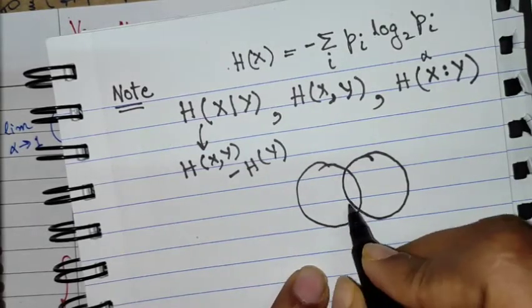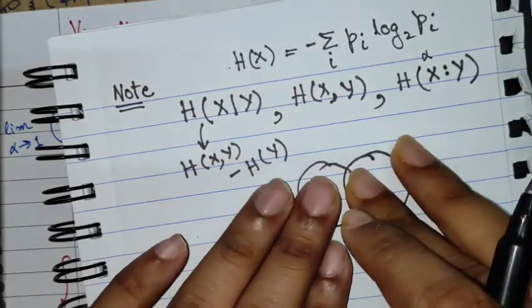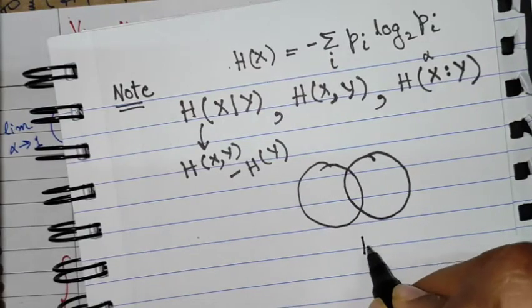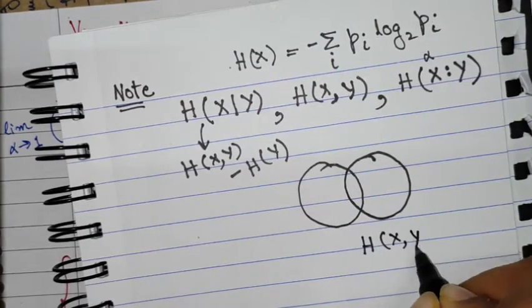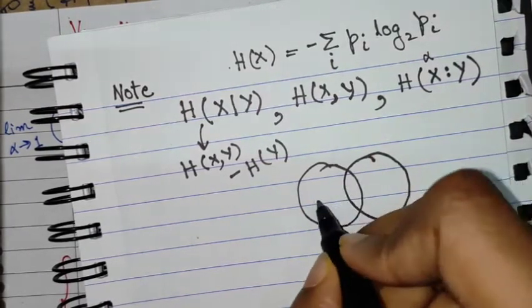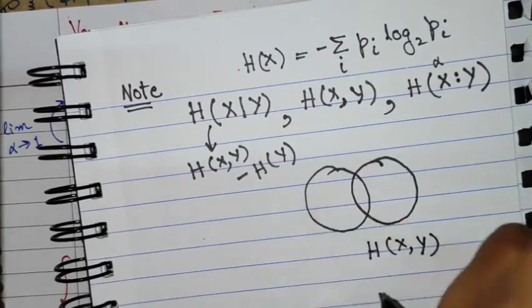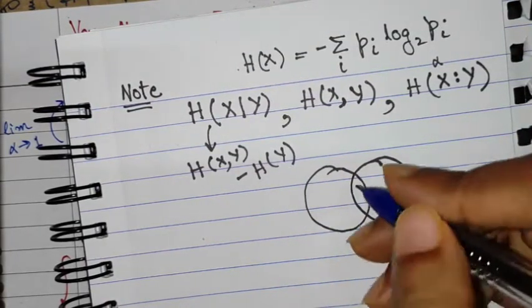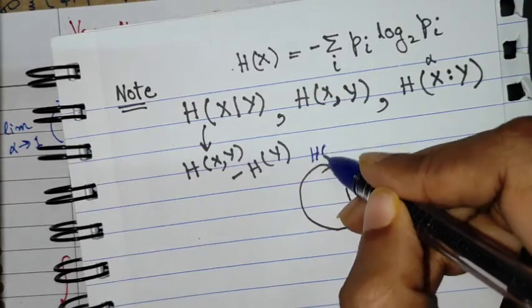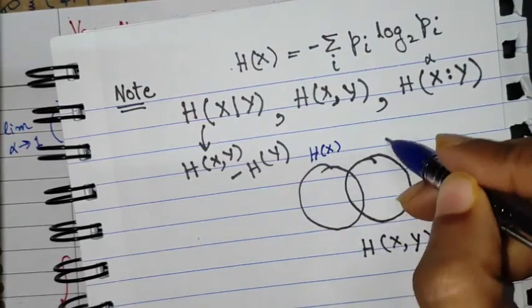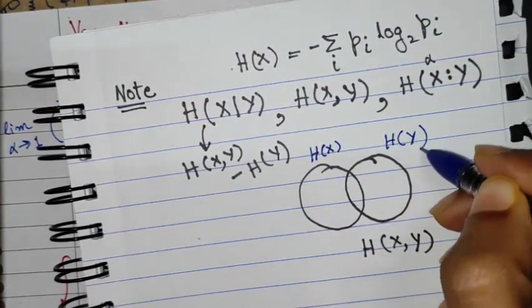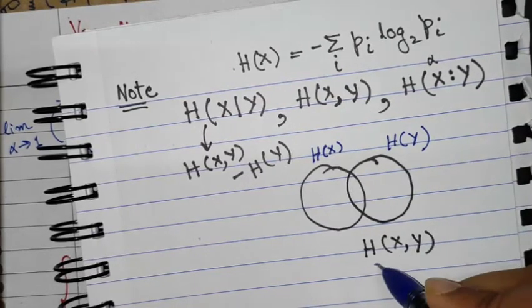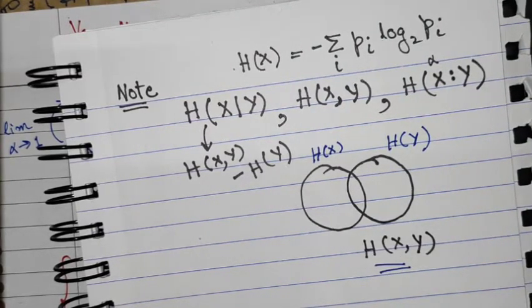First thing to note is that the entire area under this Venn diagram is H of x comma y. And this circle that we see here is H of x, the other circle is H of y, and the entire area is H of x comma y.